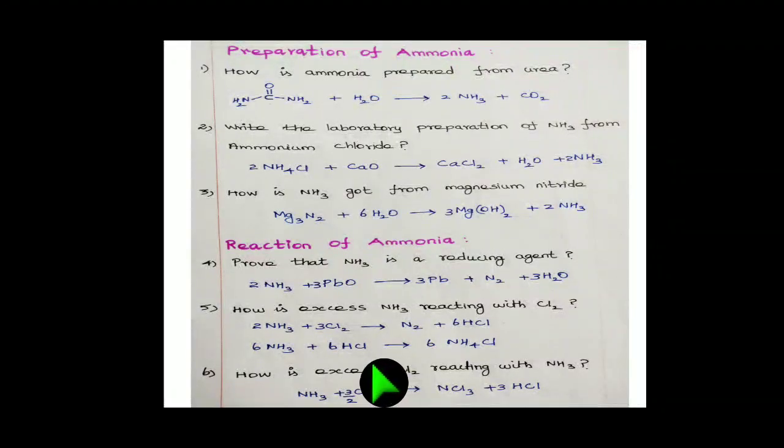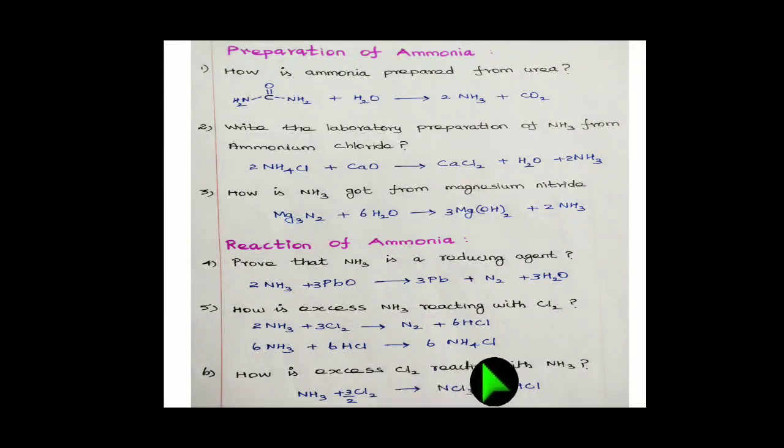Okay, this sixth question needs a correction: NH3 plus 3 Cl2. 3 by 2 will not come, 3 Cl2 will come. So make it correct. Right side NCl3 plus 3 HCl. The equation is balanced.